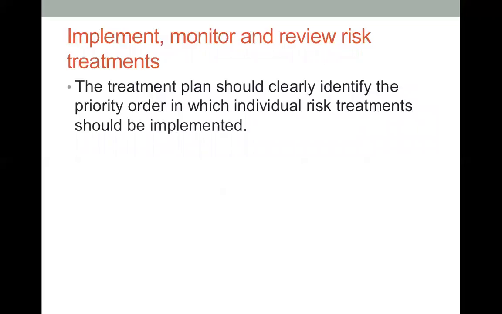So the treatment plan that we have developed should clearly identify the priority order. The priority should tell us which individual risk treatments should be implemented, and which one we need to prioritize first.